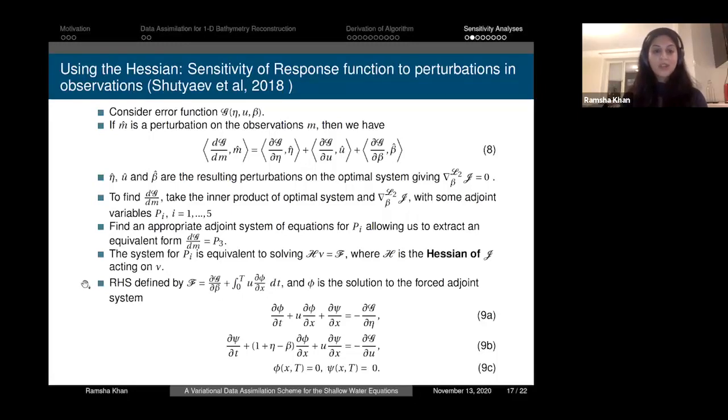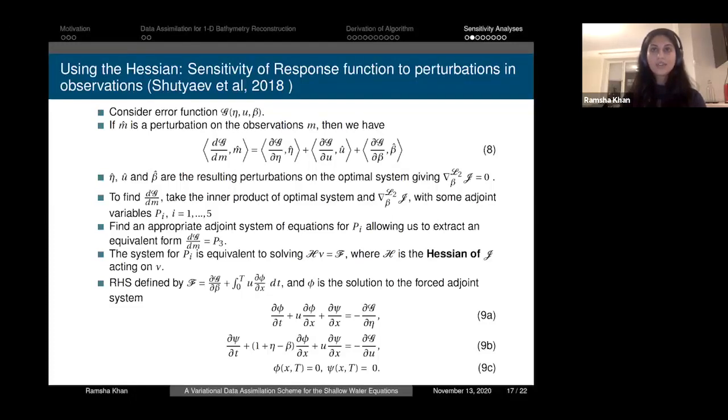And then we find an appropriately chosen adjoint system for the adjoint variables P1 to P5, where by solving that system, we are able to reduce the expression for the sensitivity of our response function to our observations to the adjoint variable P3. I won't include a lot of that derivation here, it's quite long, but essentially what we're able to note is that the adjoint system we end up with is actually a non-standard problem, which is quite difficult to solve.